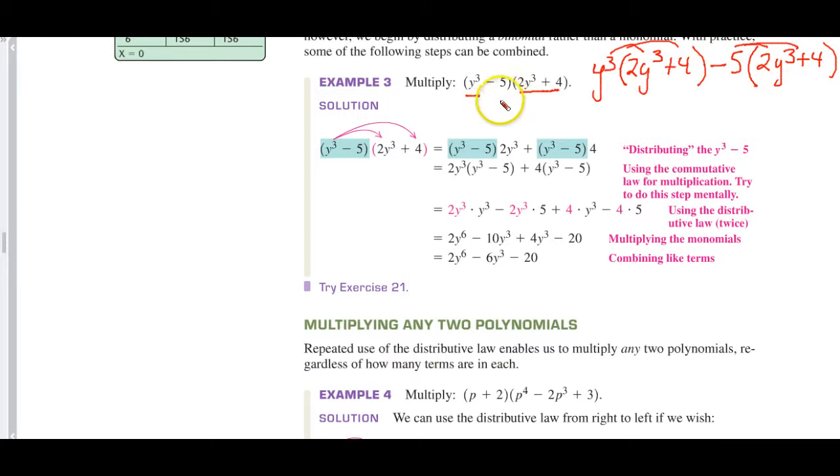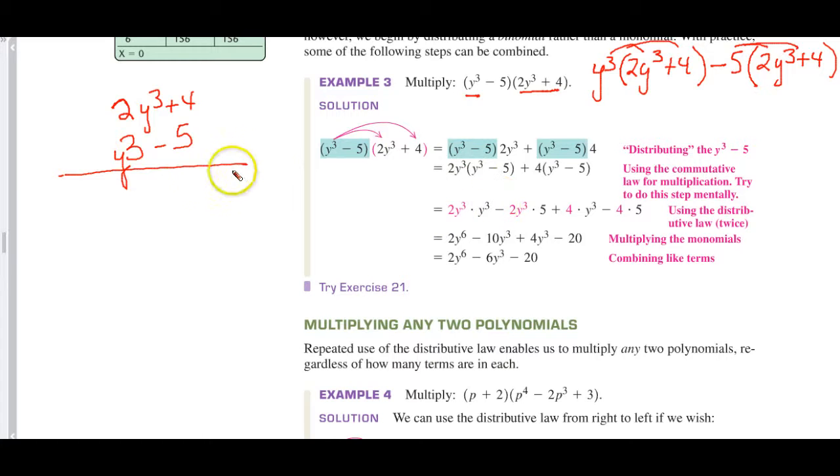Now, another way, again, they're not featuring it here, but it's to take the top row, 2y to the third plus 4, and then underneath it put y to the third minus 5, and you're going to do it vertically.